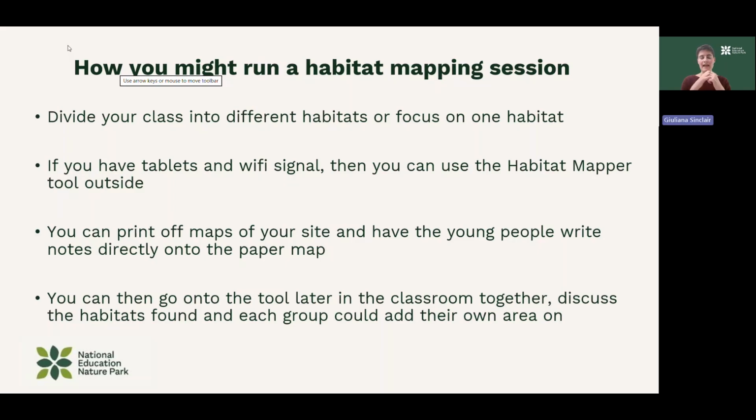If you have tablets and Wi-Fi signal in your outdoor space, then you can use the Habitat Mapper tool outside on a tablet, for example. But don't worry if not, you can print off maps of your site, have them on a piece of paper, and have the young people write and draw the shapes on the paper map, label it, and then come back to the classroom together and upload those on the online tool.